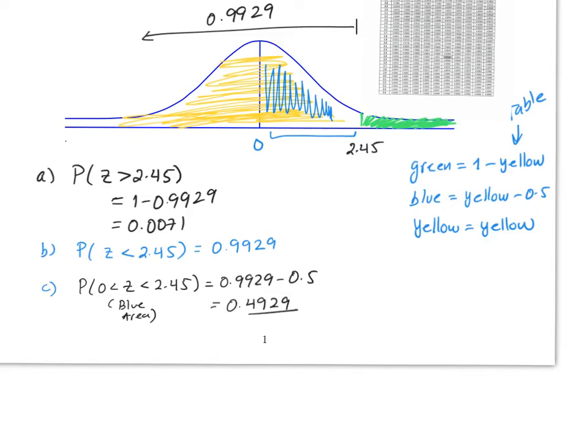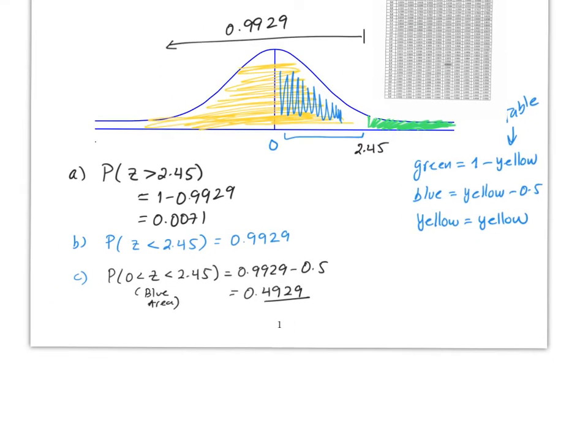And that's it. Now, 95% of the time, you're going to have to find either the green area or the yellow area or the blue area. So 95% of the time you're going to be doing this.